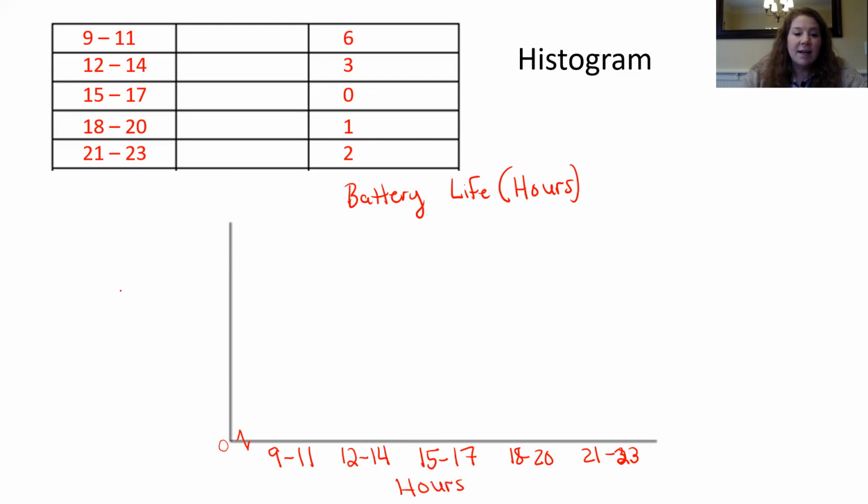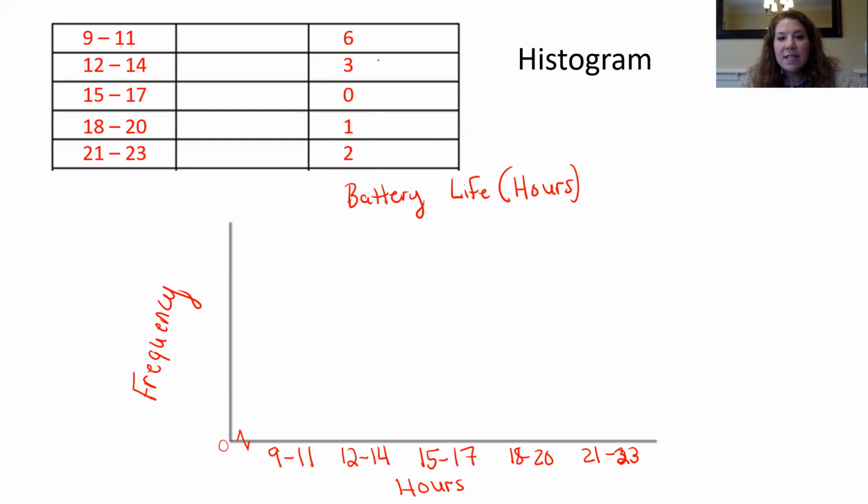And then, since it's a histogram, one word that will always be appropriate on the vertical axis would be the word frequency. Now, what you want to do is come over here and find your biggest number.